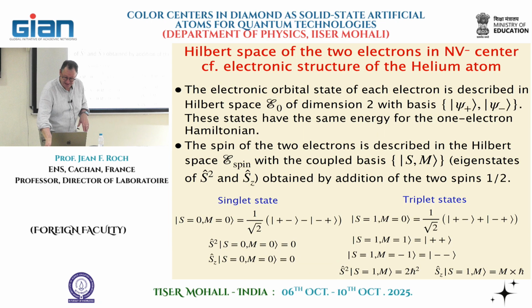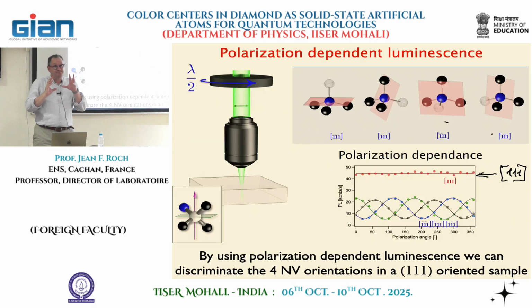So we now understand the main properties of light absorption and emission by the NV centers, taking into account these electron orbitals. Now, what I need to do is take into account the spin. And the spin, that's another game. We will do it this afternoon.